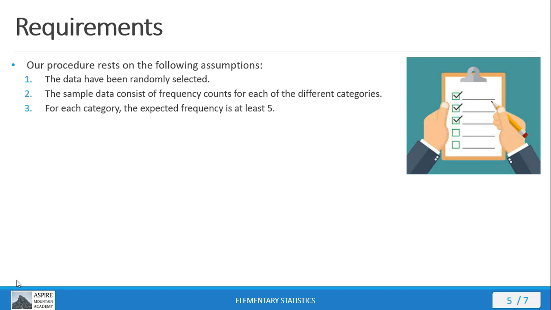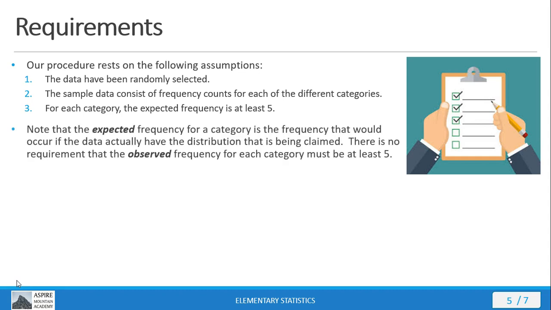Third, for each category, the expected frequency is at least 5. Notice here how we're talking about the expected frequency, not the observed frequency. The observed frequency can be whatever it is, because that's what we're looking into the real world and seeing. So there's no restriction on what we're observing.